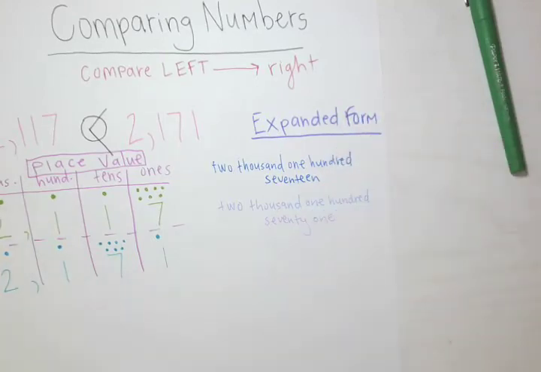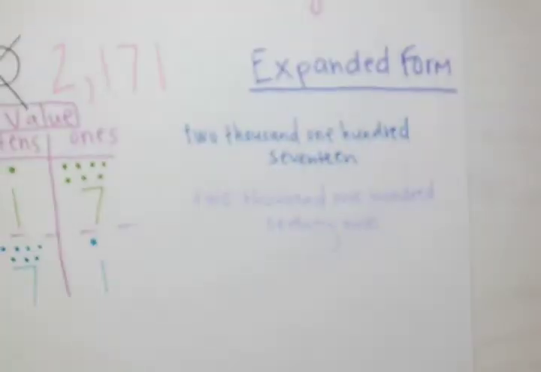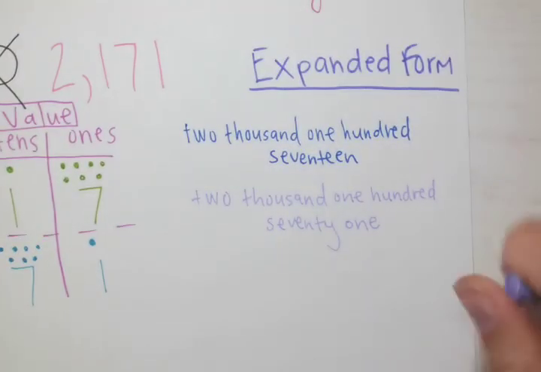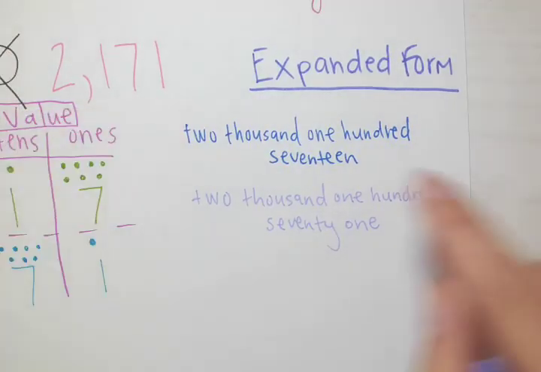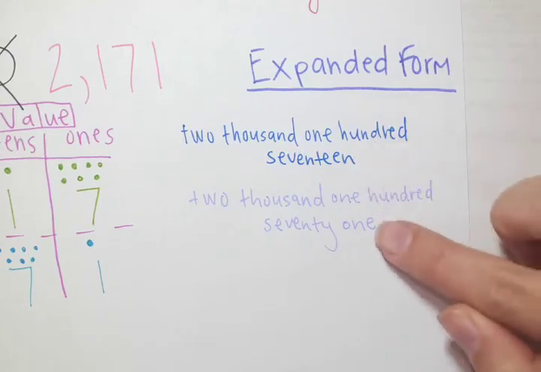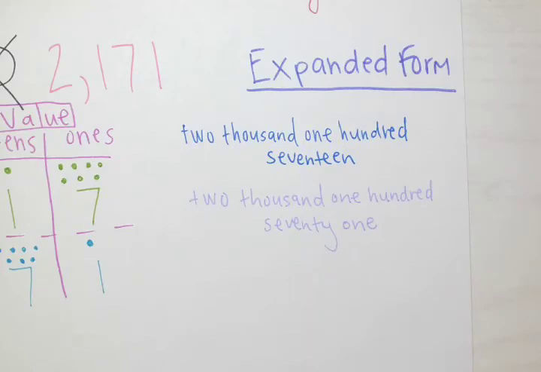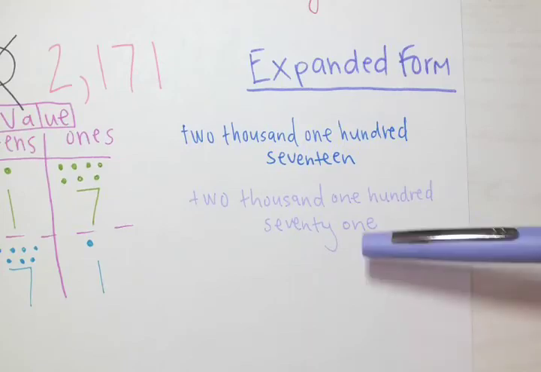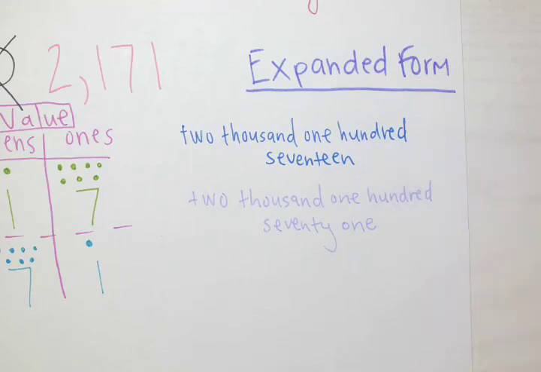Okay. So when we have it written out in expanded form or word form, we can really take a look at what we have here. 2,000, 2,000, 100, 100. Okay, that's all the same. But then look, 17 versus 71. That should make it kind of obvious which one's bigger. 71 is obviously bigger than 17.